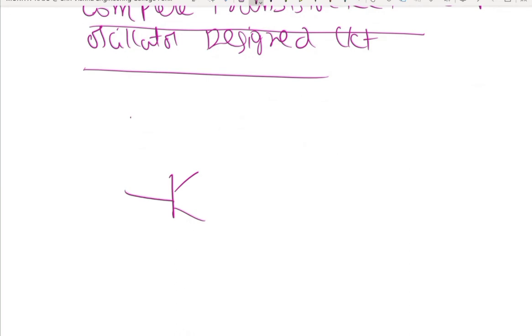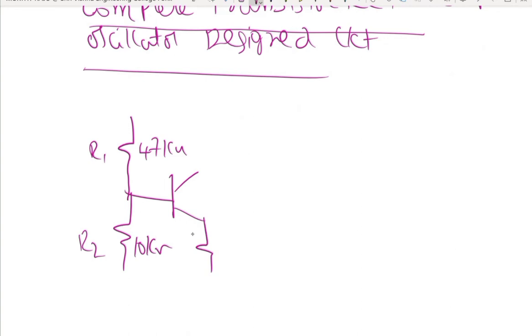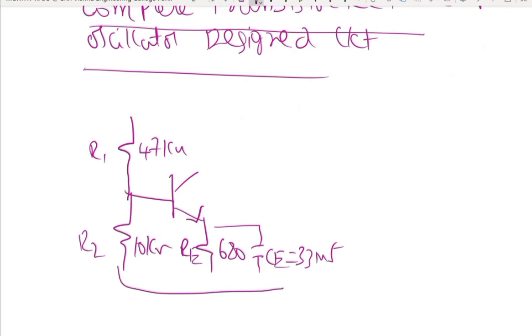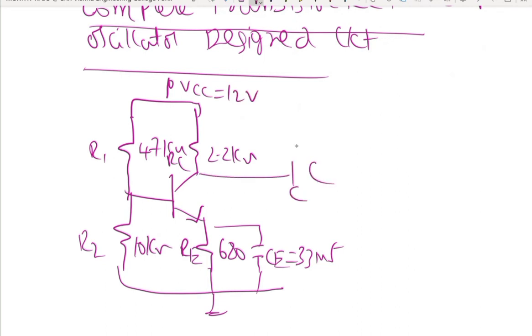This one is R1 47 kilo ohms, R2 10 kilo ohms, RE 680, CE 33 microfarad. This one is RC 2.2 kilo ohms. This one is VCC is equal to 12 volts. Capacitor C is equal to 0.01 microfarad.